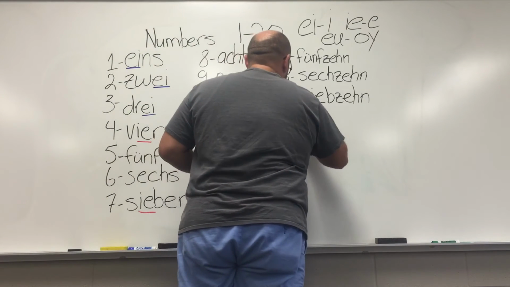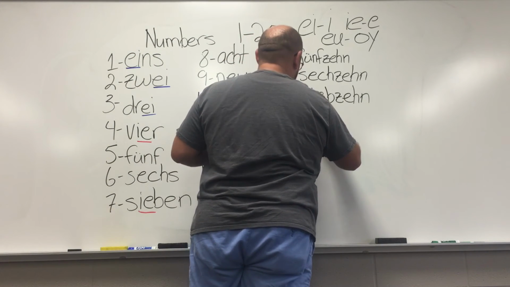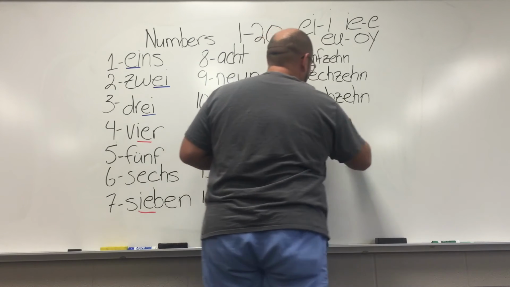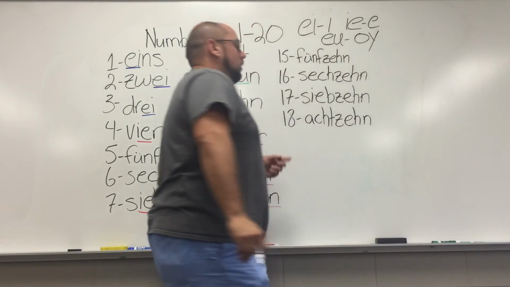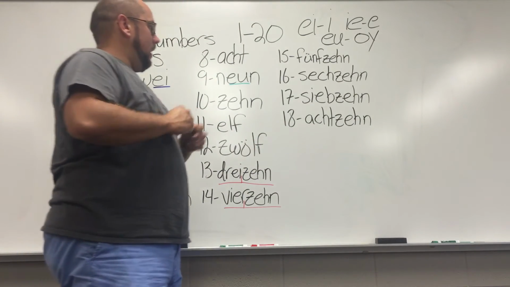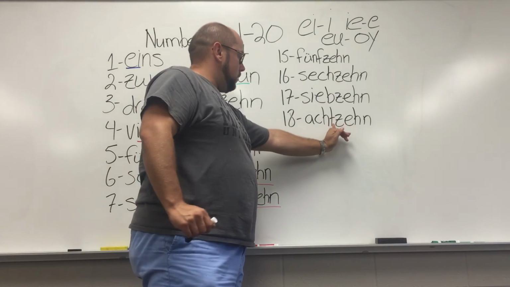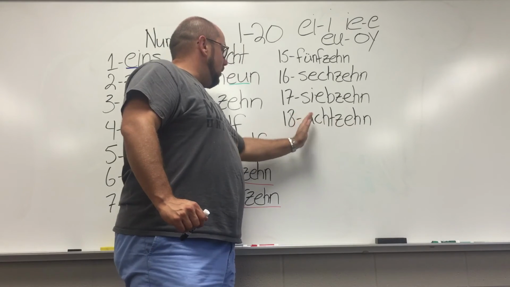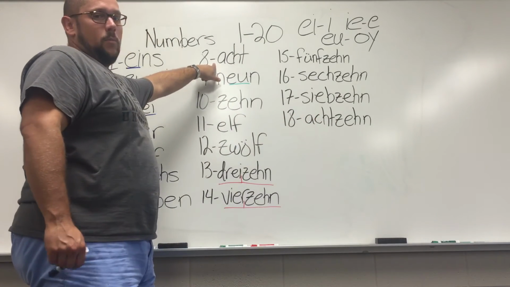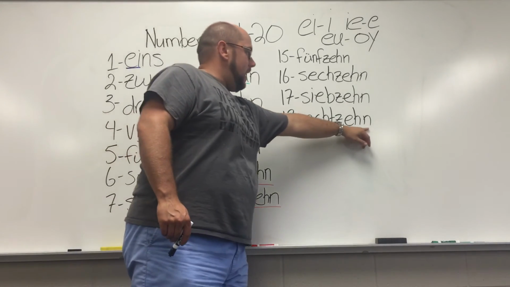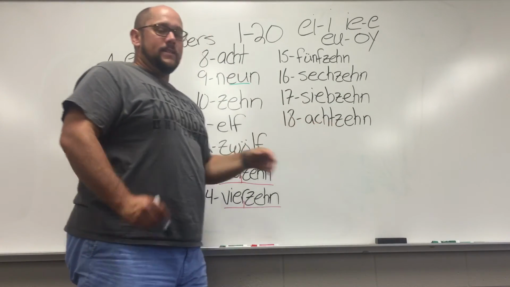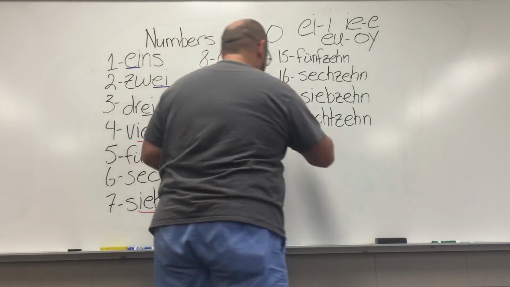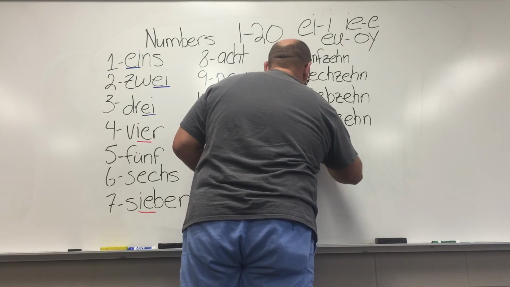On to 18. Back to the normalcy of our routine that we just started. Achtzehn. And again, split it down the middle. This side we have acht, our number 8, and zehn, our number 10. 18 is achtzehn. 19.